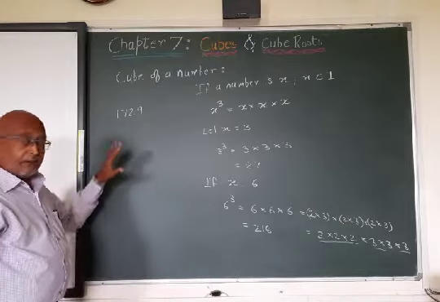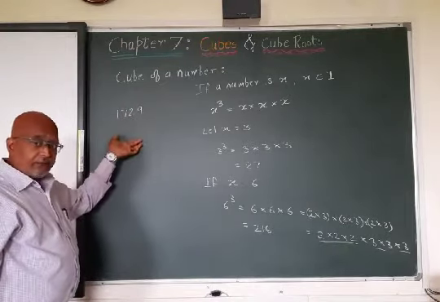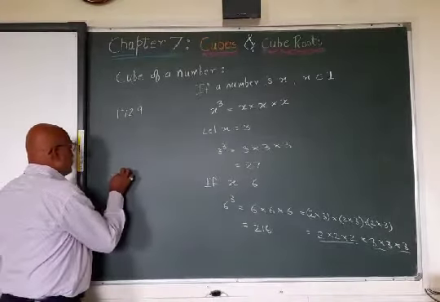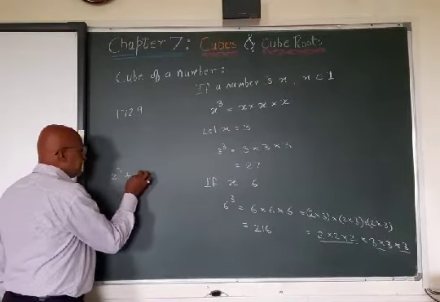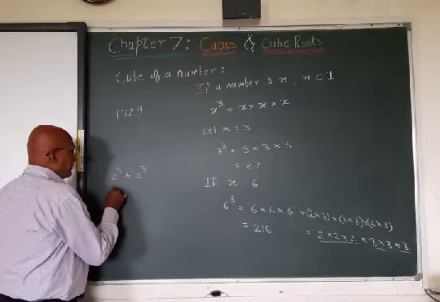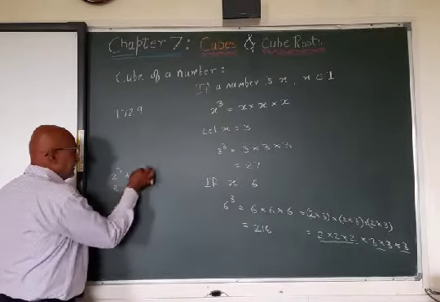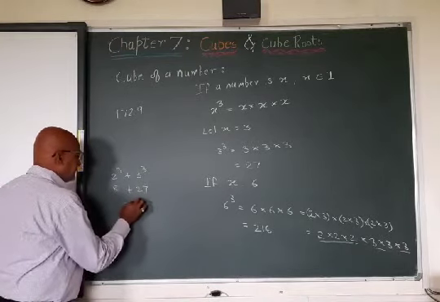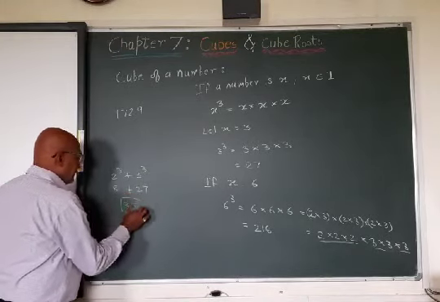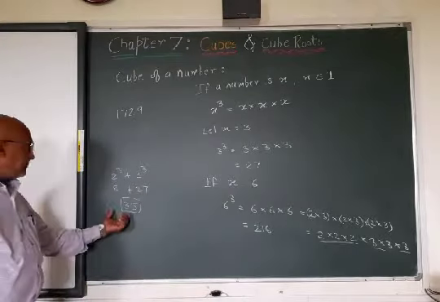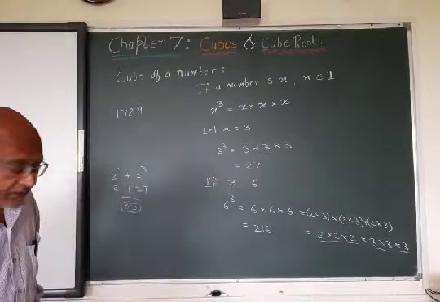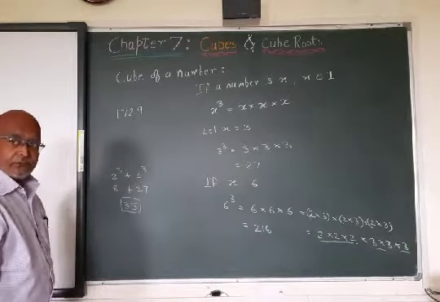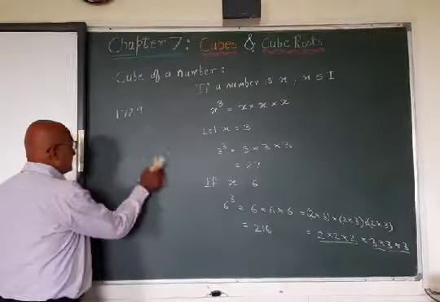But there were still other numbers which are less than that. For example, 2 cubed plus 3 cubed. Now 2 cubed is 8 plus 3 cubed is 27. 8 plus 27 is 35. Now this is the number. It is the sum of two cubes, but it cannot be represented in another pair of two cubes.